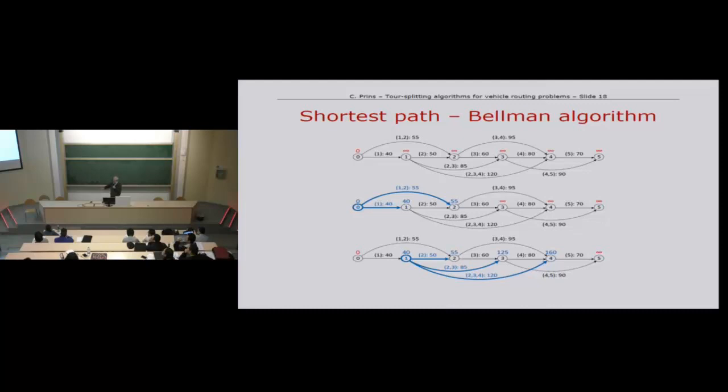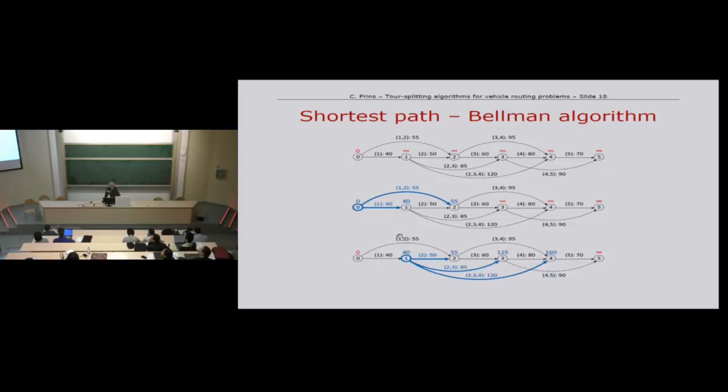For instance, I put here 2 iterations. So here the label of the node is 0, and you initialize all the other labels to plus infinity. And first iteration, you inspect, you process the node from left to right. So first iteration, we can put a label on node 1 and node 2.